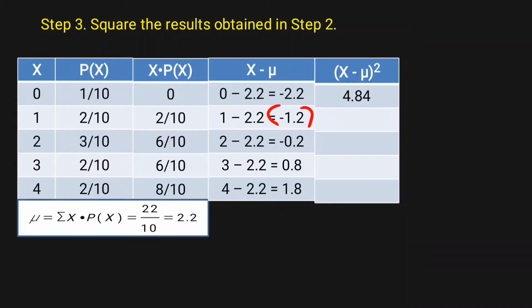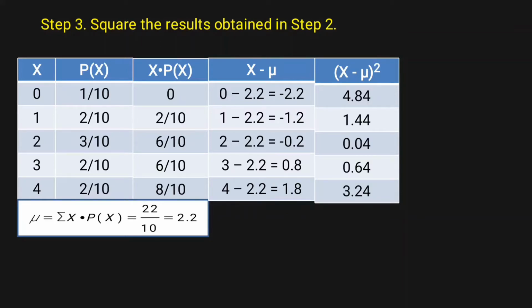So next, we have negative 1.2 square, which is 1.44. Negative 0.2 square equals 0.04. 0.8 square equals 0.64. And then last, 1.8 square is 3.24.